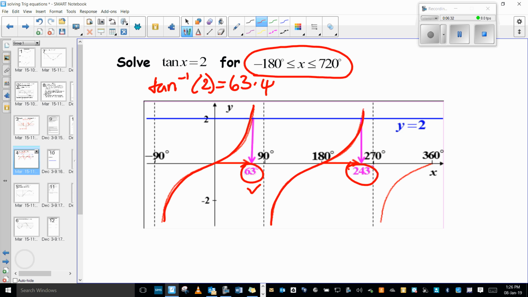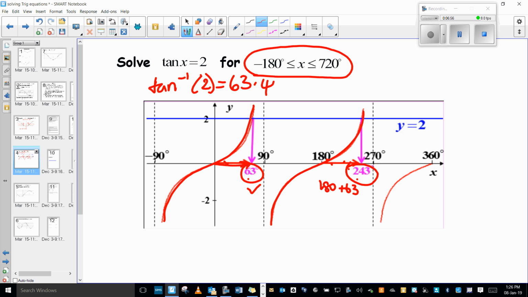So if this one is 63, to find this one we're just going to do 180 plus 63. Does that make sense? Okay, so 63, and then this one would be 180 plus 63. Yes? Good.